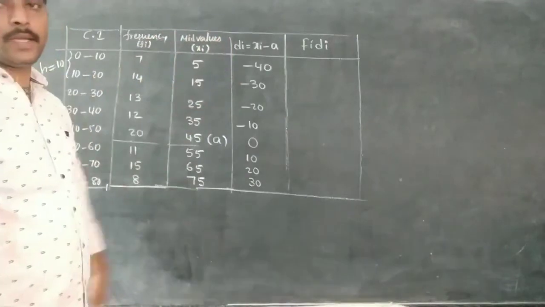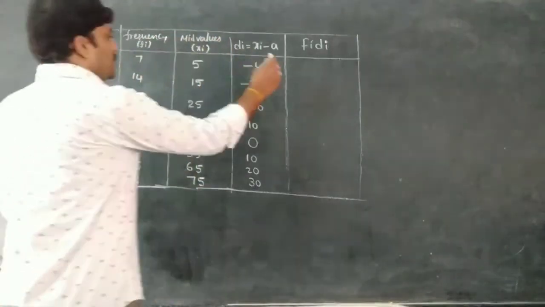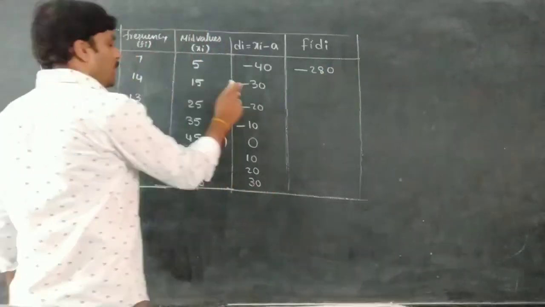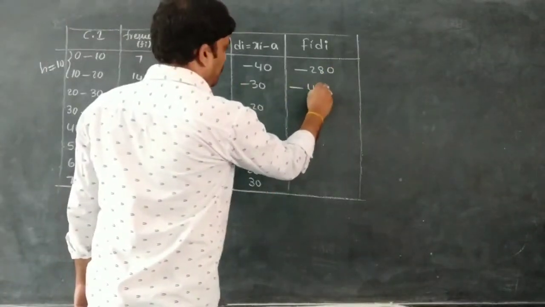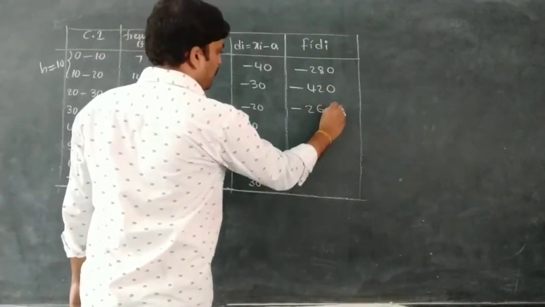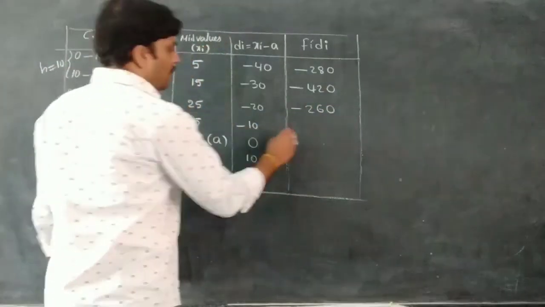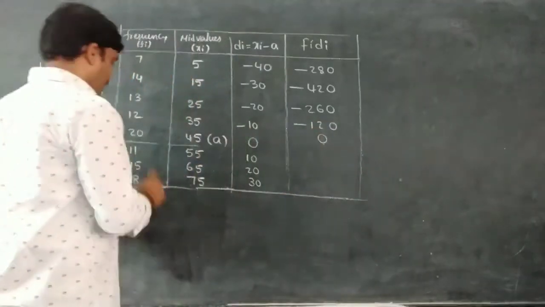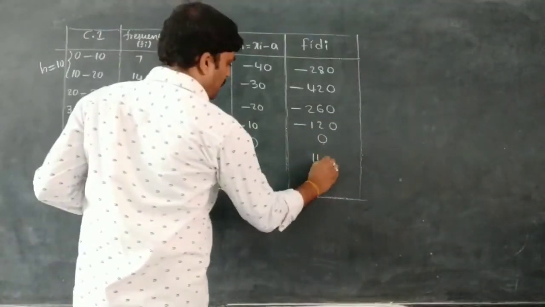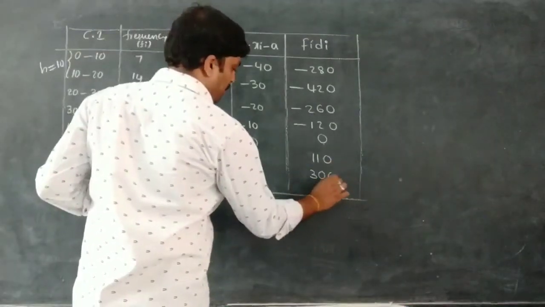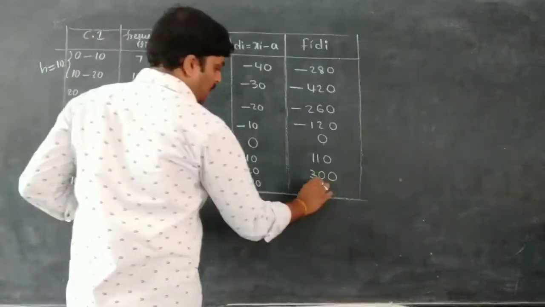Fi into di, multiply. 7 4s are, 14 3s are, 13 2s are, 12 ones are, next 0. Here 11 tens are 110. 15 twos are, 8 threes are.